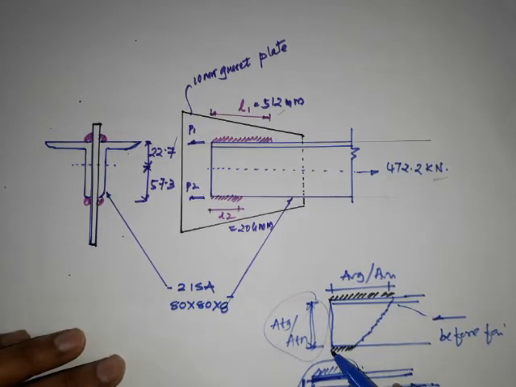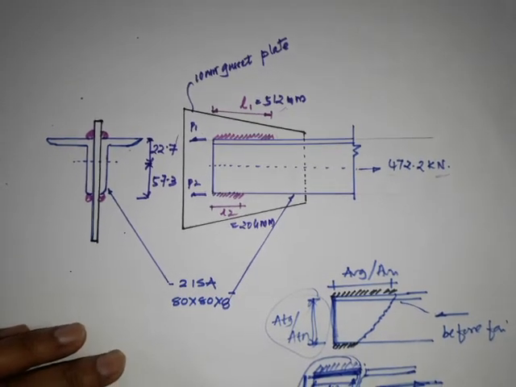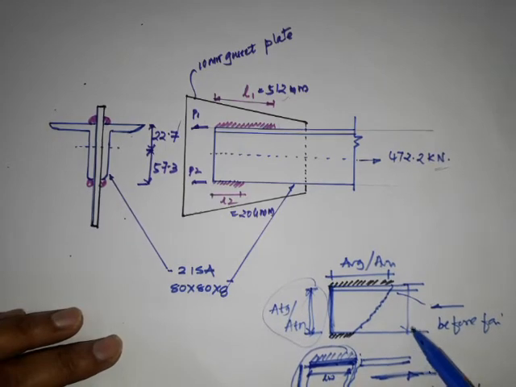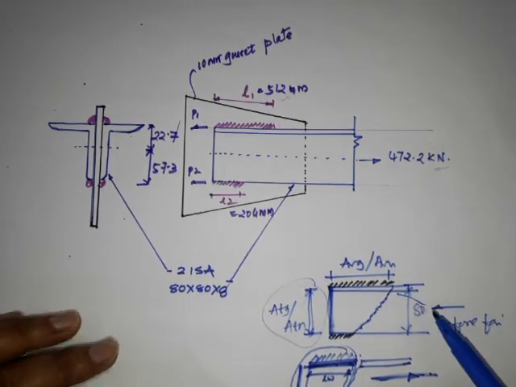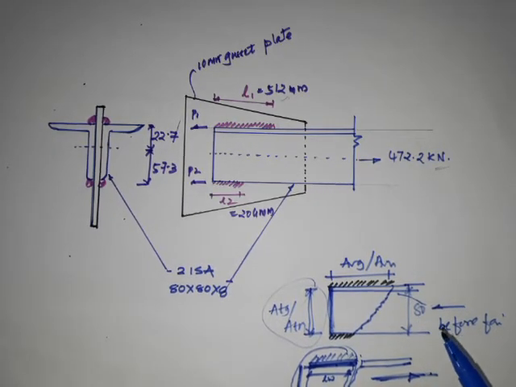The width of the angle is 80 mm, so this height is 80. That's why you have to consider 80 into the thickness of the leg. The thickness of the leg is 8. So 80 into 8. This way we have to consider for the calculation of AVG, AVN and ATG, ATN.